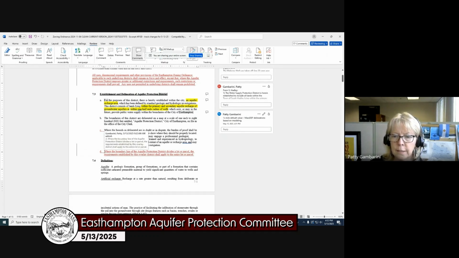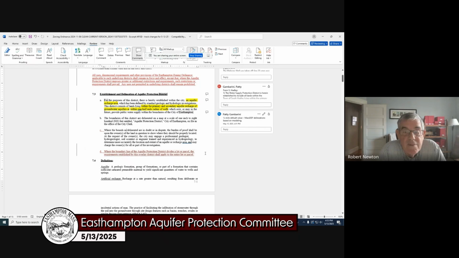And then here, this is a recommendation out of the Mass DEP model, where the boundary line of the district divides the lot or parcel. The requirements established shall apply to the entire lot or parcel. Yeah, I think that's been established. And I know in BayPAC, we had discussions about this with regard to some of the Westfield things that were going on. If there was any part of the parcel that was on the aquifer, then the whole parcel was impacted.